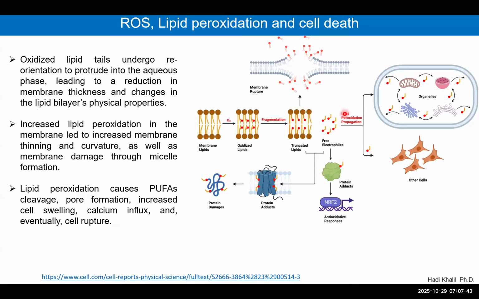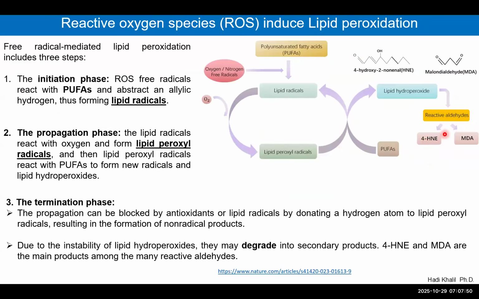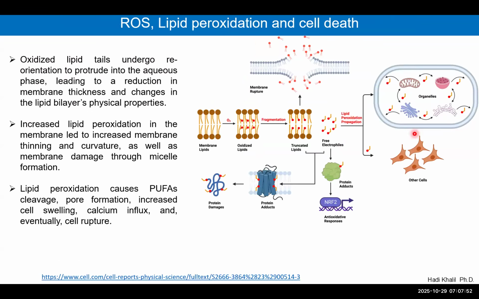The other component is those electrophiles. These electrophiles, the free electrophiles, are in principle those reactive aldehydes and other components that now will start to target other components of the cell. So they can target the mitochondria or other organelles.